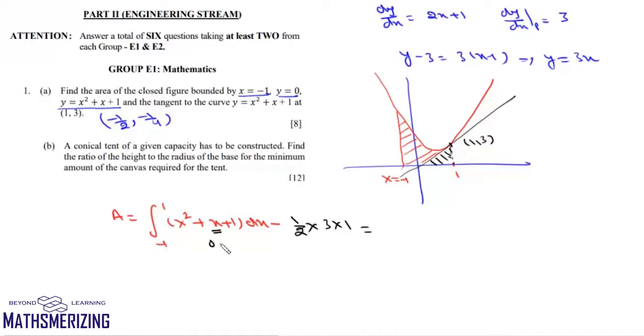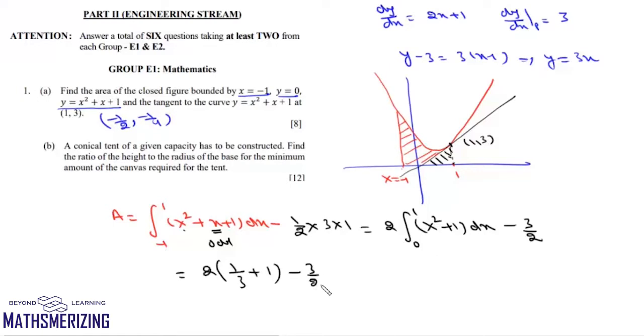The x will be an odd function, and x square and 1 are even functions. So it will be 2 times the integral from 0 to 1 of (x square plus 1) dx, minus 3 by 2. So this value will be 2 times (x cube by 3, which is 1 by 3, plus x, which is 1), minus 3 by 2.